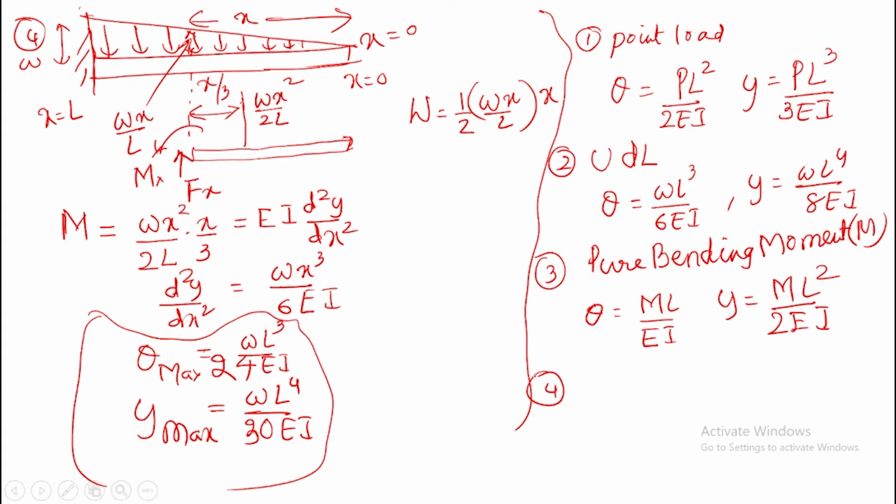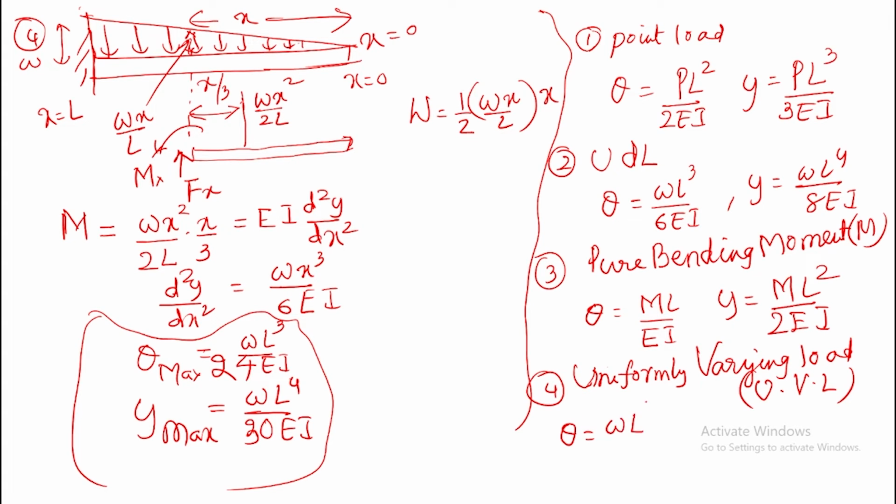Then the fourth one, uniformly varying load, that is UVL. The slope is given by WL cube by 24EI. The deflection is given by WL to the power of 4 by 30EI. Please remember these equations so that we can solve the numericals.